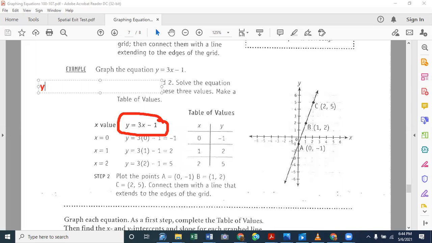So y equals mx plus b, or mx minus b. That's the standard format. M is your slope of your line, and b is the y value of your y-intercept.